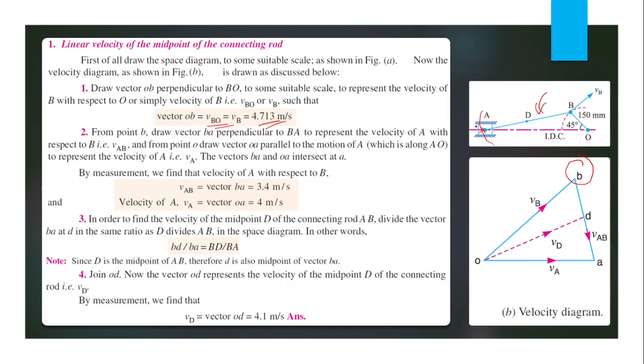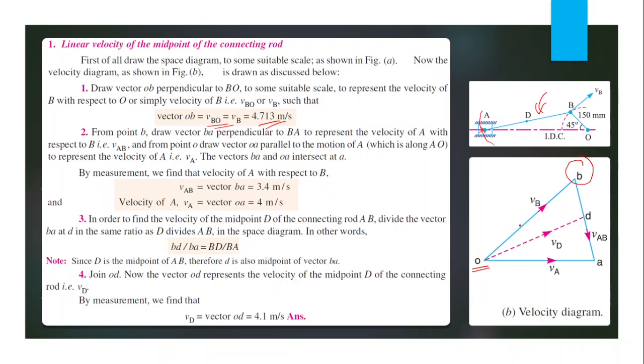We have already drawn the space diagram. Then we can draw length OB that must be perpendicular to link OB. For this purpose, we have to fix the fixed points. Here, fixed point means pivot point, this point O. We can first specify that fixed point by a small letter o.